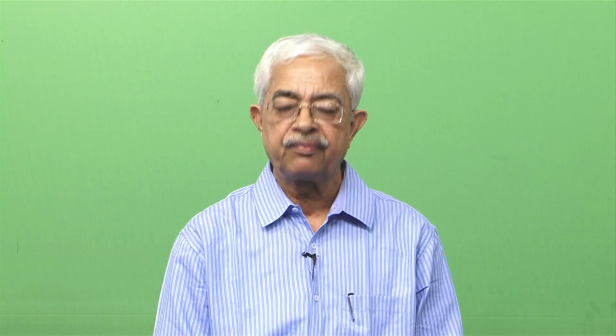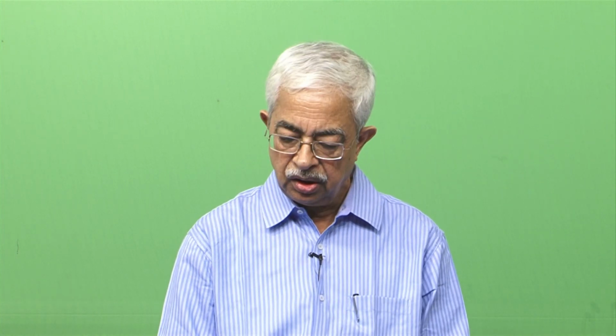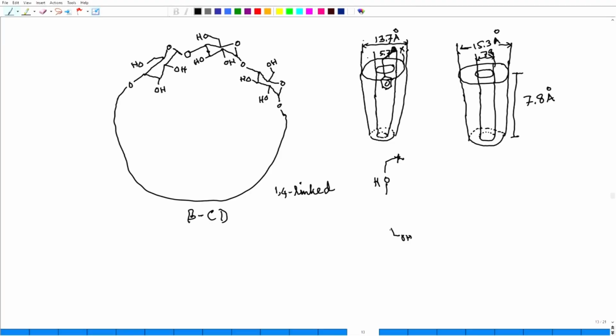We separate them because their sizes are a little bit different, and after that, we can derivatize these OH groups and allow a reaction to happen.